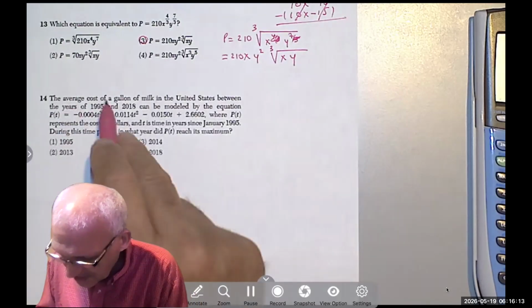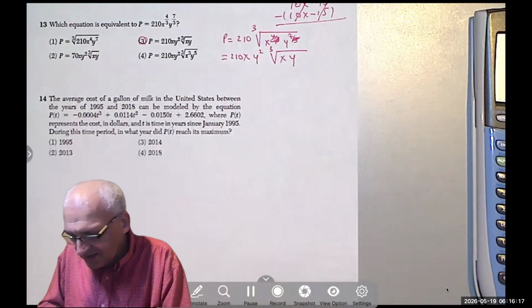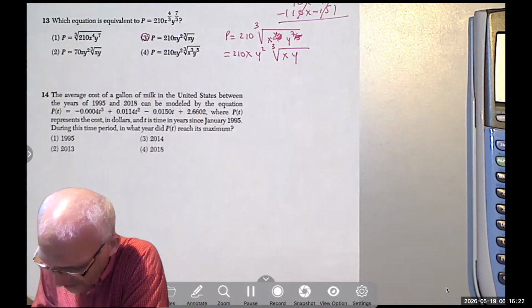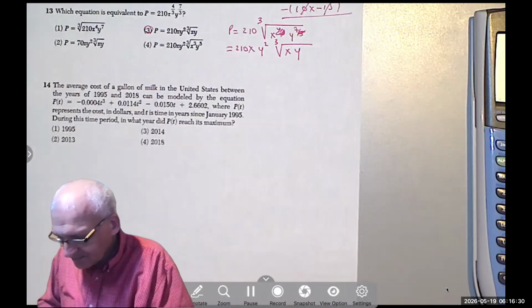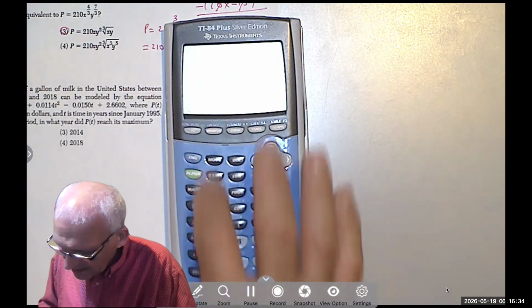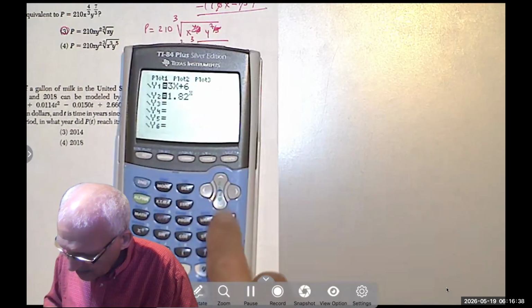Okay, the average cost of a gallon of milk in the United States between the years 1995 and 2018 can be modeled by this equation. During this period, in what year did P of t reach its max? So again, let's clear those.